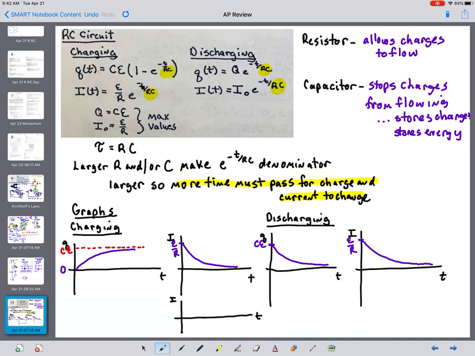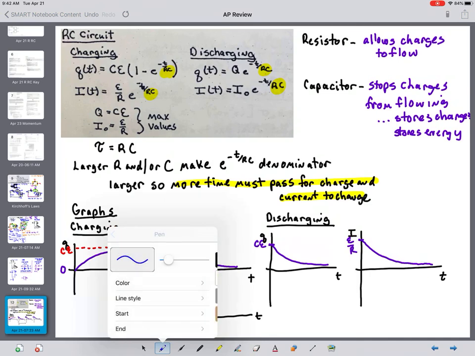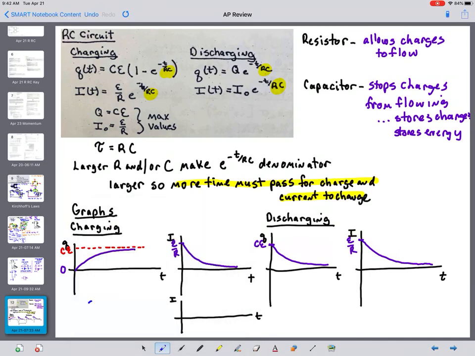So if we deal with our I of t for charging, well, if you have a small time constant, small R, small C, then what's going to happen is you're going to start off at that maximum, and you're going to very quickly drop that current off. If you have a larger time constant, then what's going to happen is it's going to take a greater period of time to drop that current off.